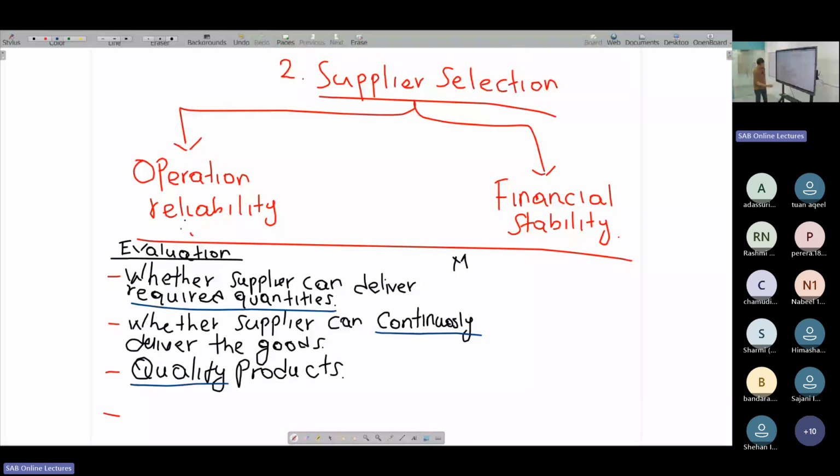Fourth one, whether he has any ethical issues.